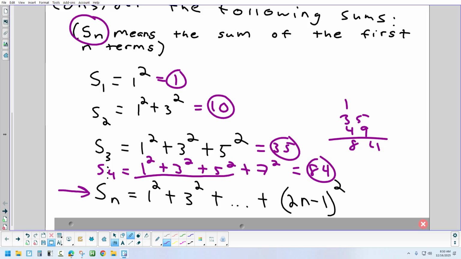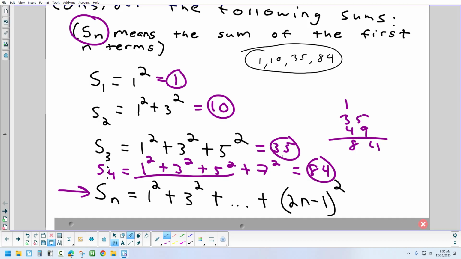All right. So now what we would do is we look at 1, 10, 35, 84. 1, 10, 35, and 84, that is a new sequence of numbers. That sequence of numbers represents adding the first n numbers up. So the question now is, can we find a pattern in these numbers? That's what we want to be able to do, right?